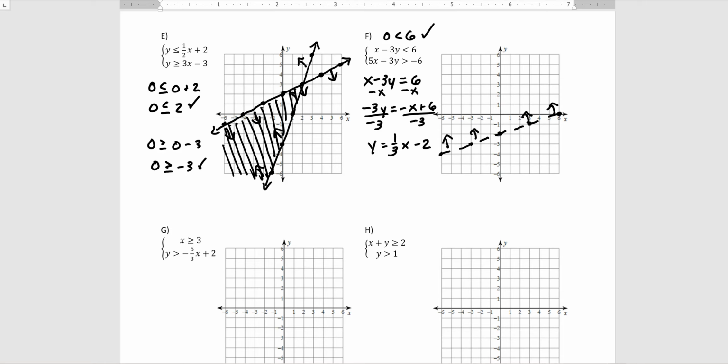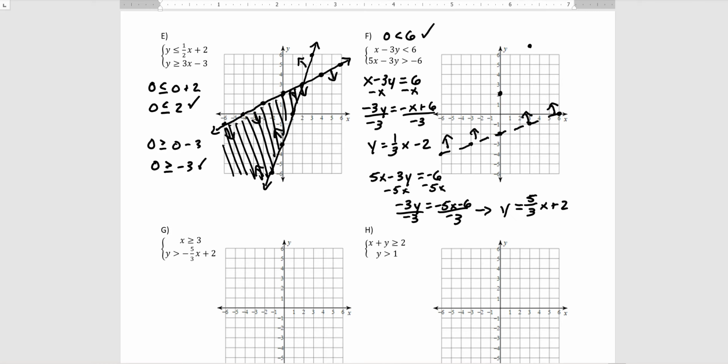Excellent. All right, 5x minus 3y is greater than negative 6. Let's try this one here. So 5x minus 3y, got to get it in slope-intercept form. Subtract the 5x, so I get negative 3y equals negative 5x minus 6, divided by negative 3. When I do that, I find y to equal 5/3 x plus 2. Interesting. Plus 2, 5/3, well, that'd take me actually off the graph this way.